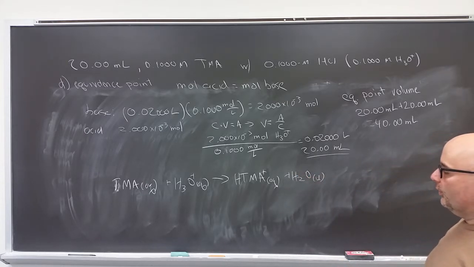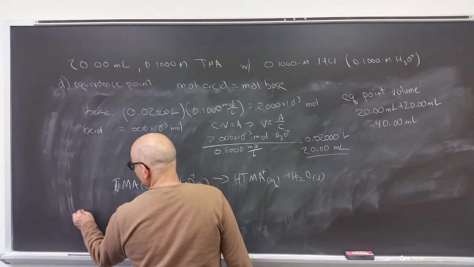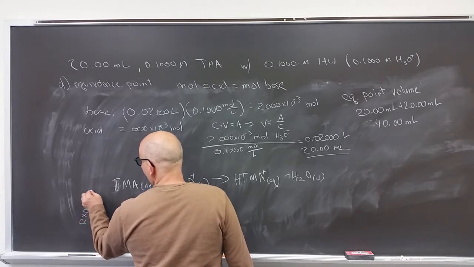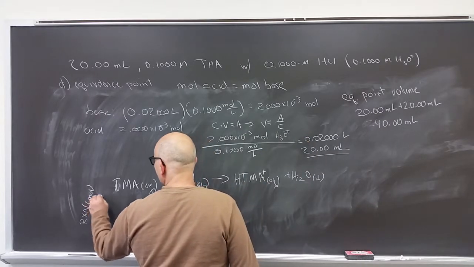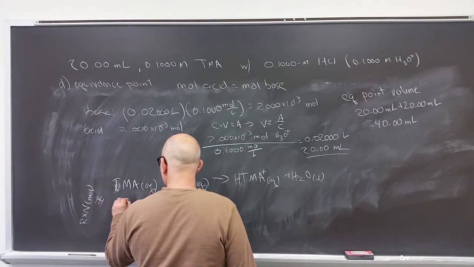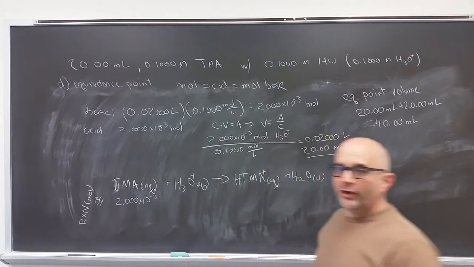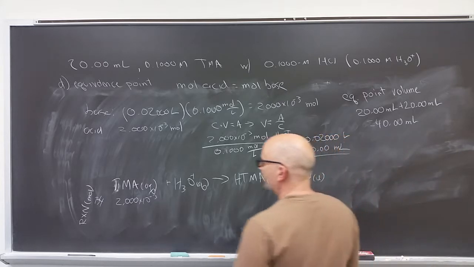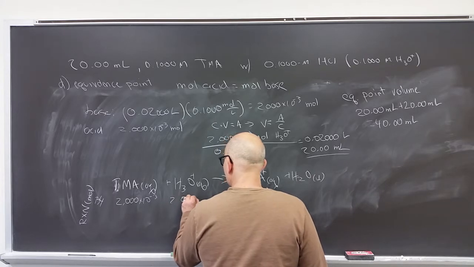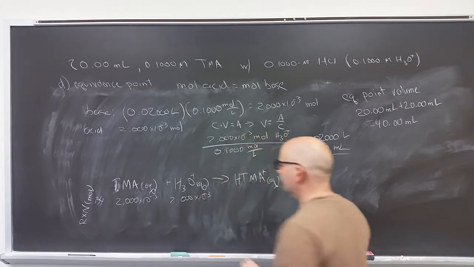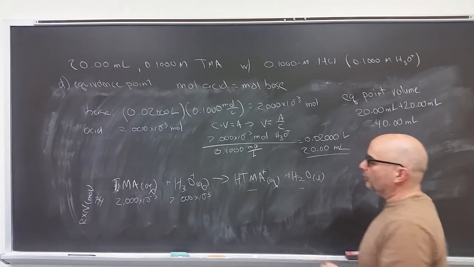Now, at this point, if we want to build a reaction table, in amount, what would this look like? Well, before they react, you'd have 2 millimoles of the trimethylamine. You have also 2 millimoles of the hydronium. We can pretend no trimethylammonium and no water.